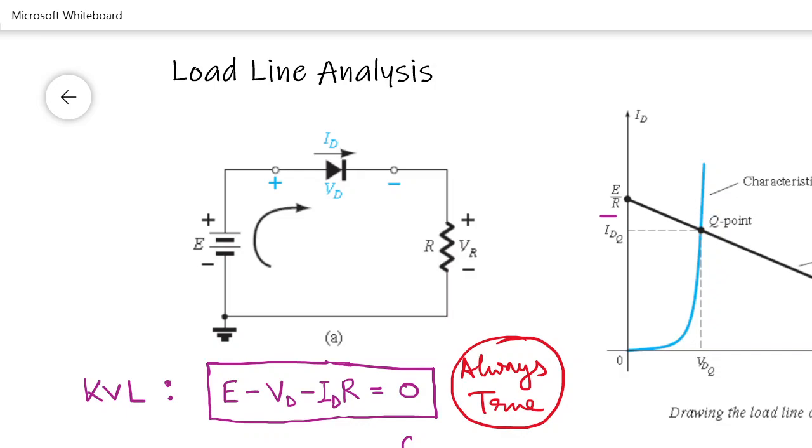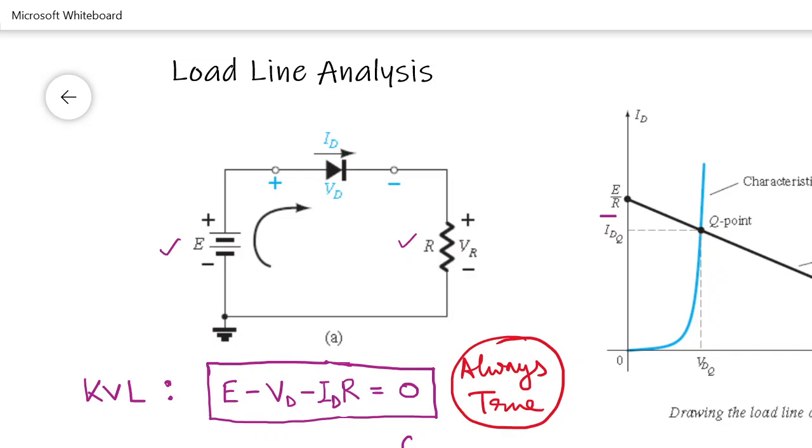The slope is E by R divided by E, that is 1 by R. So when you know the load resistance connected, you can immediately draw this line. Also, by knowing the E value and the R value, you will be able to draw this line.